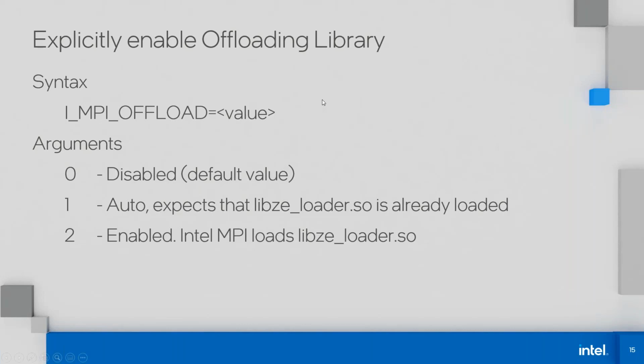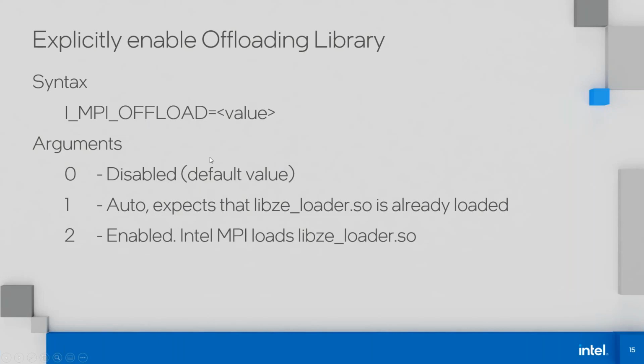Currently, we are working on these performance optimizations, but the functionality is already in the library, and currently we support OpenMP and DPC++ USM pointers, so we can already pass to Intel MPI USM pointers, for example from level 0.